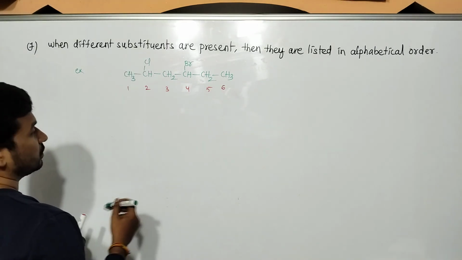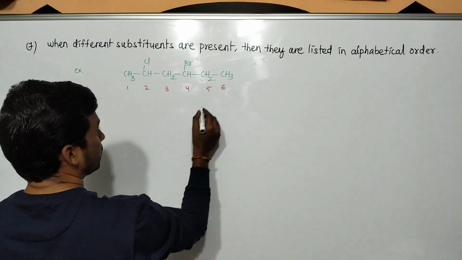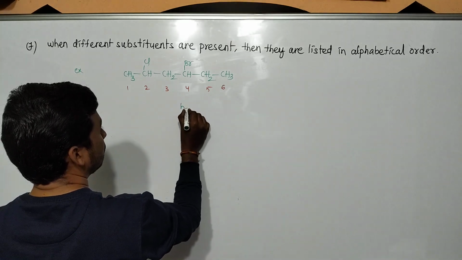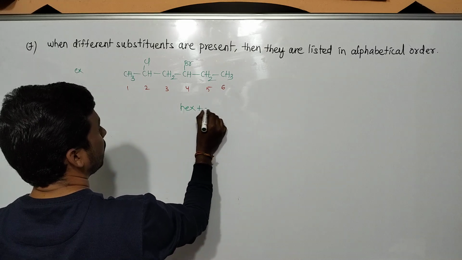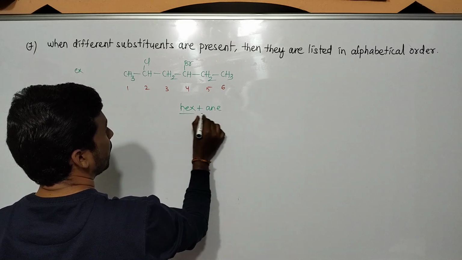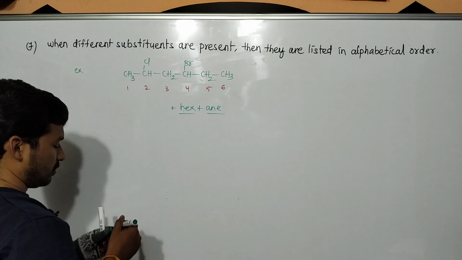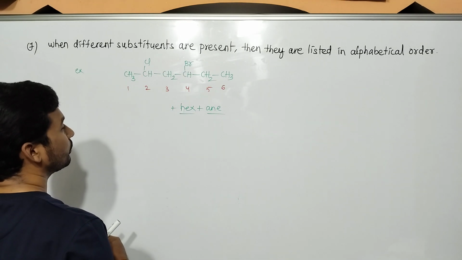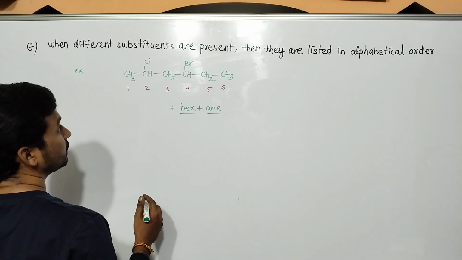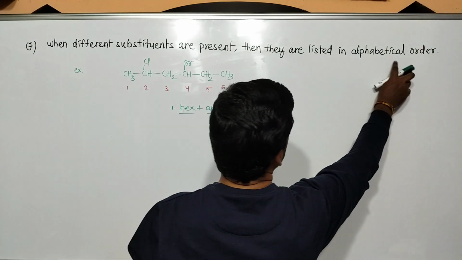Next, write the root word. For 6 carbon atoms, the root word is hex. Between those 6 carbon atoms there are single bonds, so an. Root word and primary suffix are completed. What about the primary prefix? There are 2 primary prefixes, chloro and bromo. Which one do we write first? They are listed in alphabetical order.